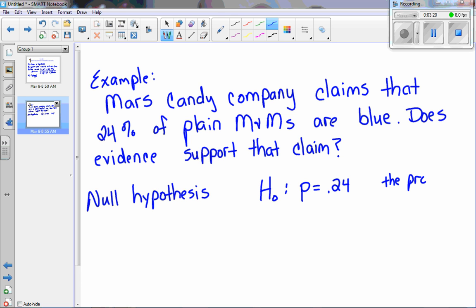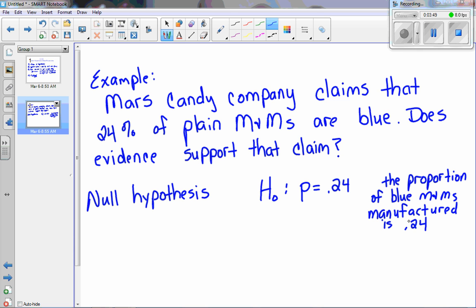The proportion of blue M&Ms manufactured, I don't know, do you manufacture M&Ms? Is 0.24. So a lot of times you'll see your null hypothesis written in the symbol and then also in words.